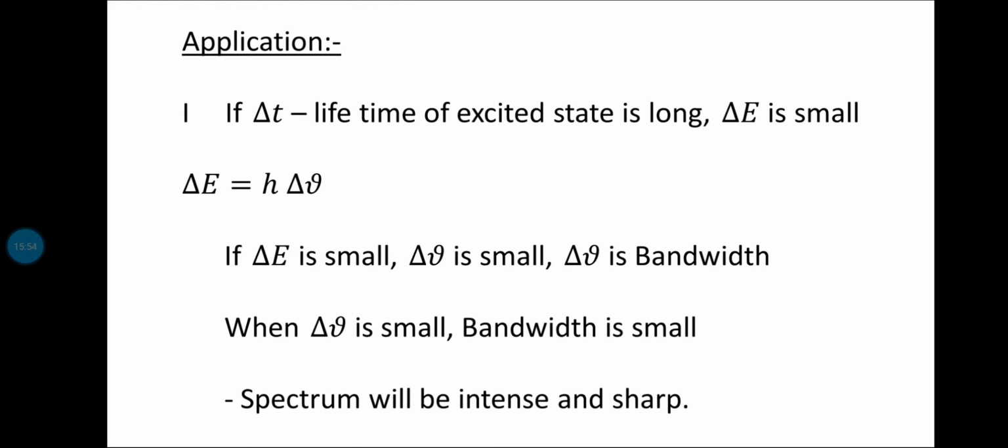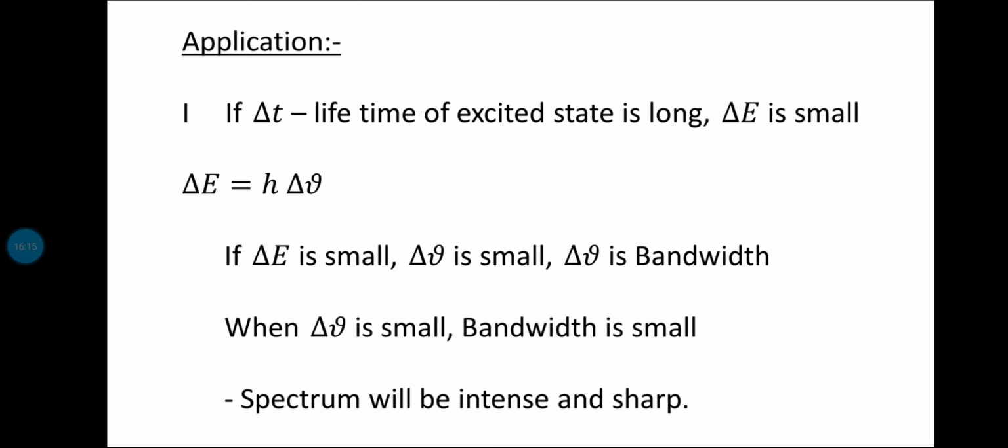For example, according to Bohr theory, an electron in an atom goes to an excited state from where it is coming back to the ground state by emitting a photon of radiation.